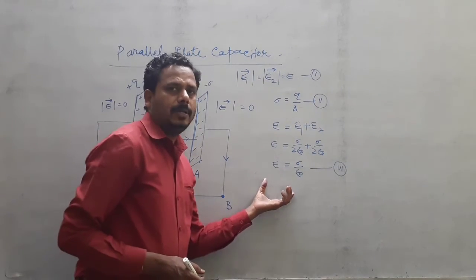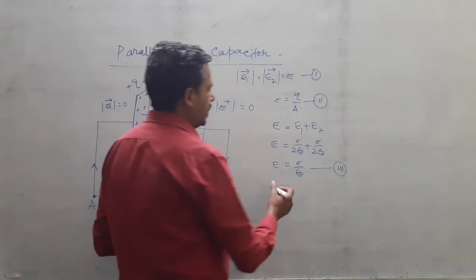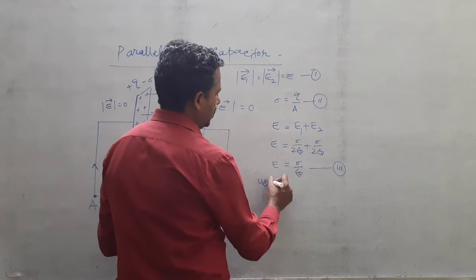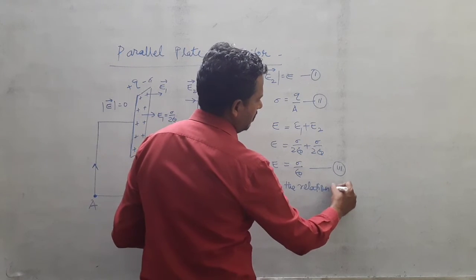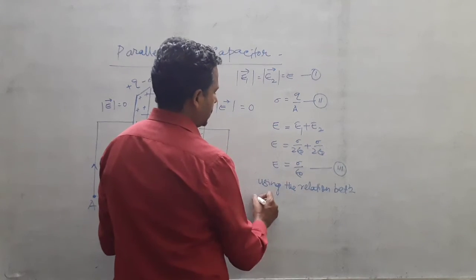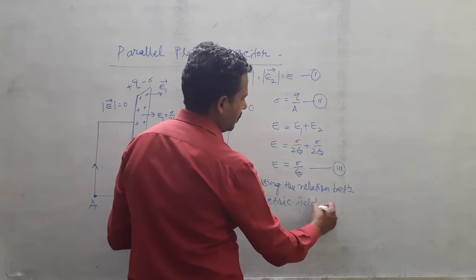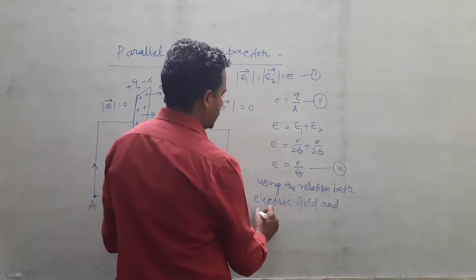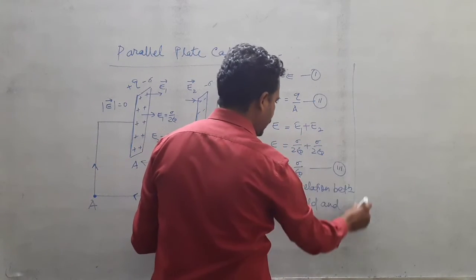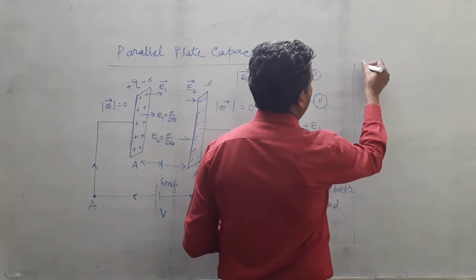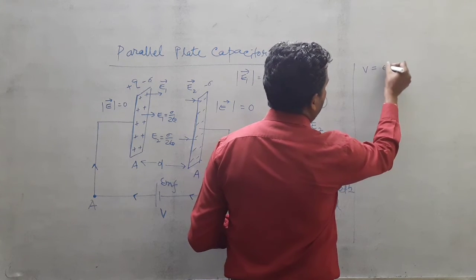So now your potential, using the relation between the electric field and potential, V is equal to ED.